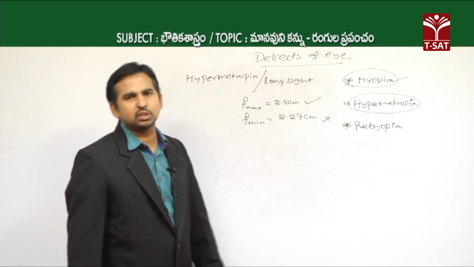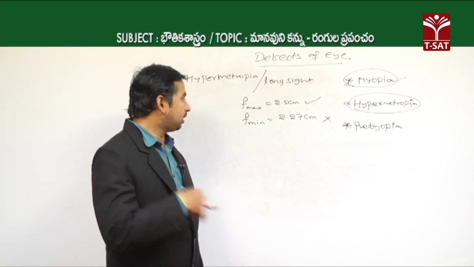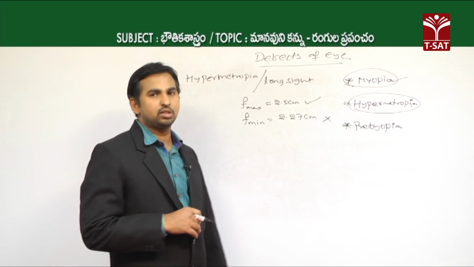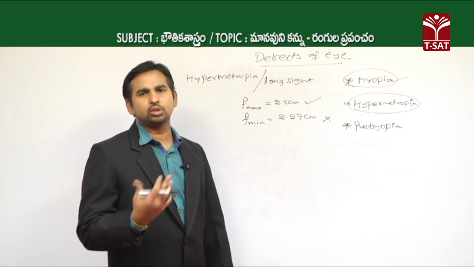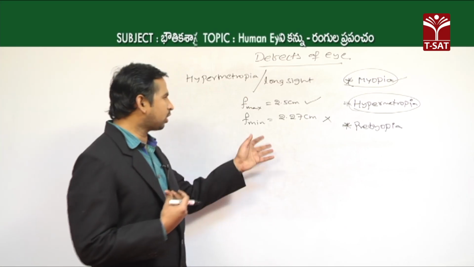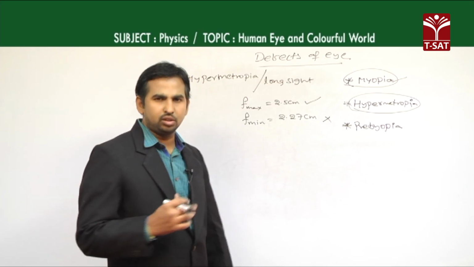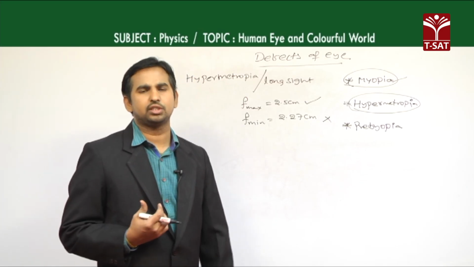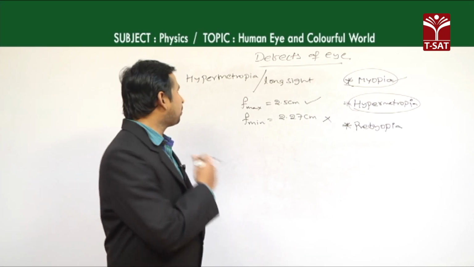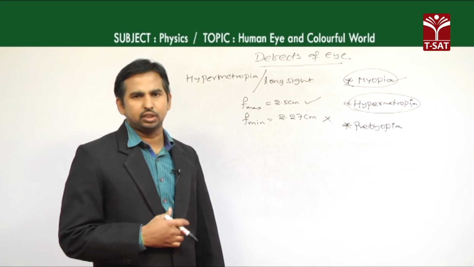We can see far distant objects very clearly, but for small distant objects we cannot see a clear image, because the focal length of the eye lens is not 2.27 centimeters, it is always more than 2.27 centimeters. That is the problem with this defected vision, hypermetropia.